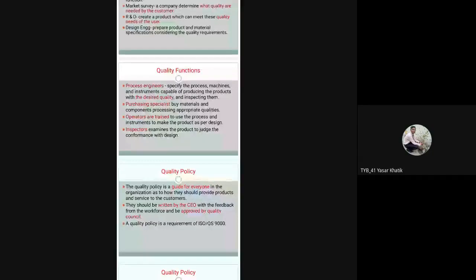By the process, I mean selecting any process for that particular product in a very good sequence only. The design engineer and process engineer will define or decide which process should be done at which position.